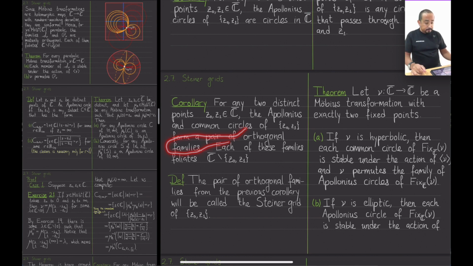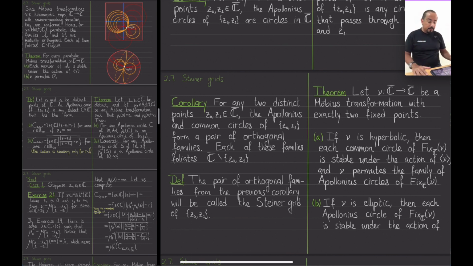Right? So this is why, simply because in the case of the origin and infinity, the Apollonius circles are obviously orthogonal to the common circles, right? Because simply the common circles are straight lines that pass through the center of any of the Apollonius circles, right?